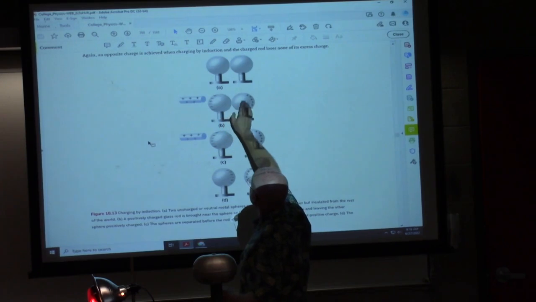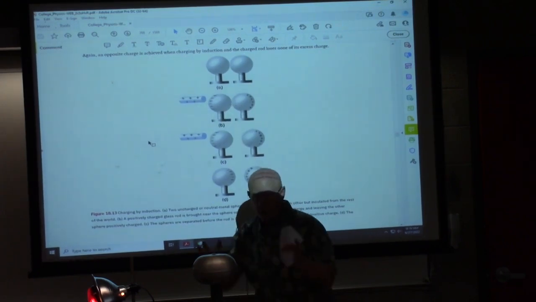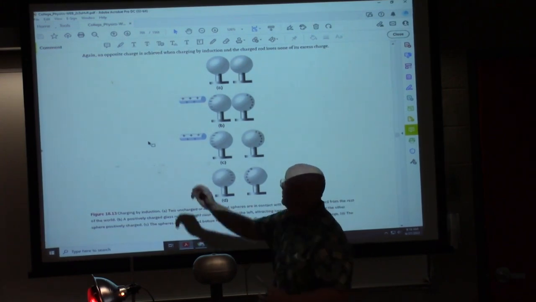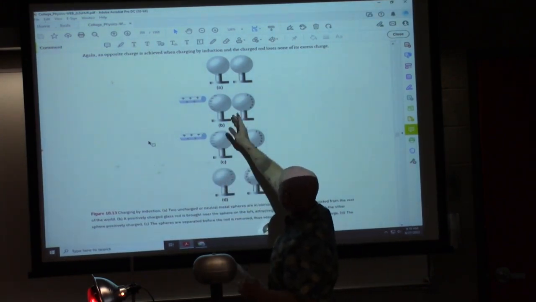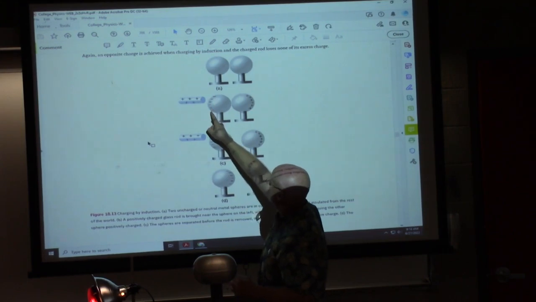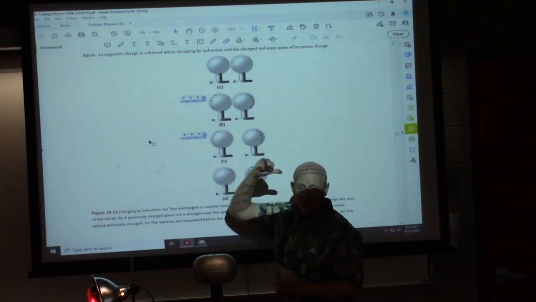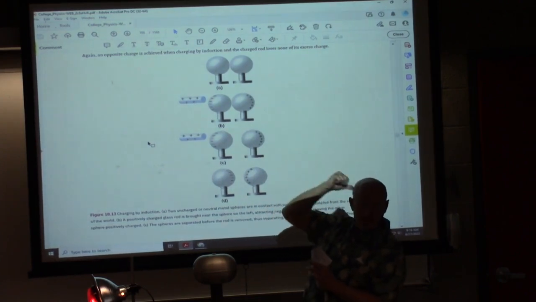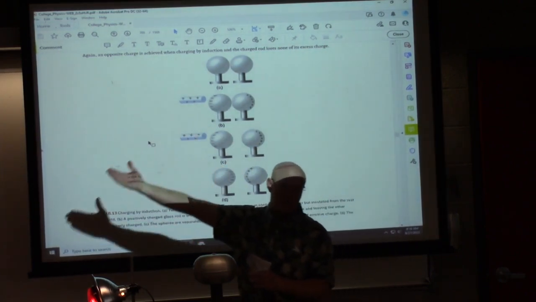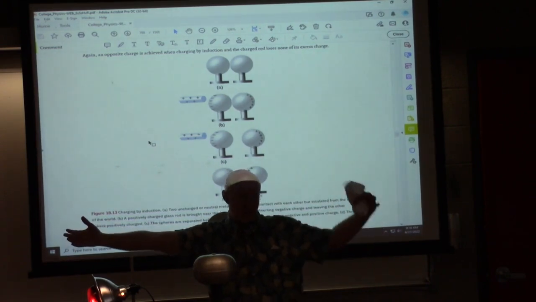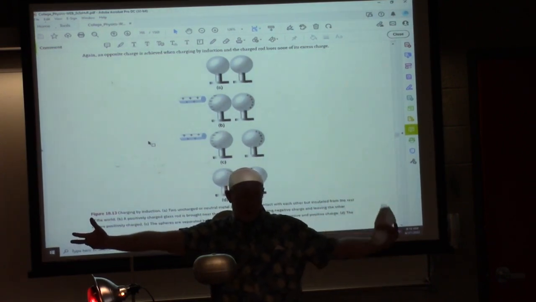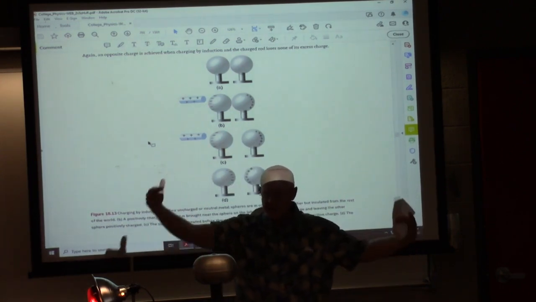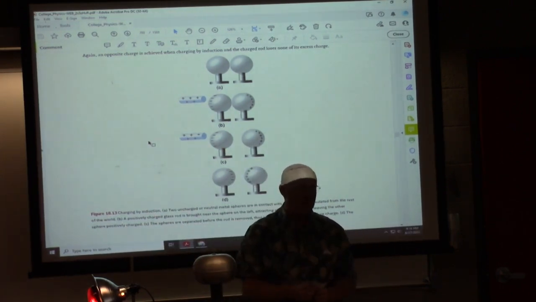And then we start with the two together. And when you bring the positive rod near it, notice it will attract over the negatives to this side and the positives will be remaining on the other side. Notice again, I didn't say that the positives will move over there. I said the negatives will move over, leaving the nucleus free. So we've got positives on one side and negatives on the other. In other words, we have a polarized object.